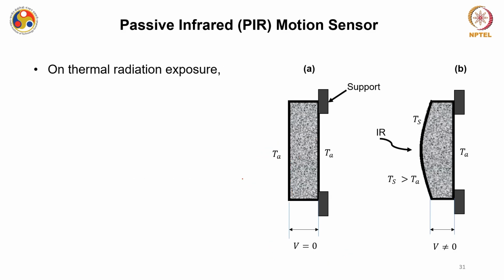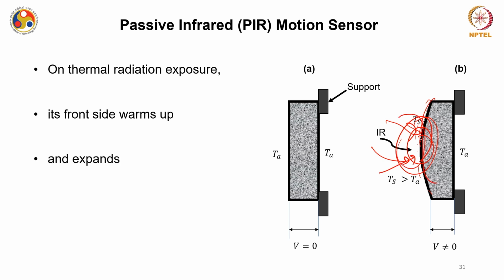Now when IR rays are irradiated at this surface, there is a warming up in the concentrated region wherever this IR radiation has fallen on the sensor. Say this area is exposed. I just want to highlight that this can be localized, so you may have this kind of shape also if the IR radiation is very specific to this particular area. But usually this whole region is exposed to IR light.